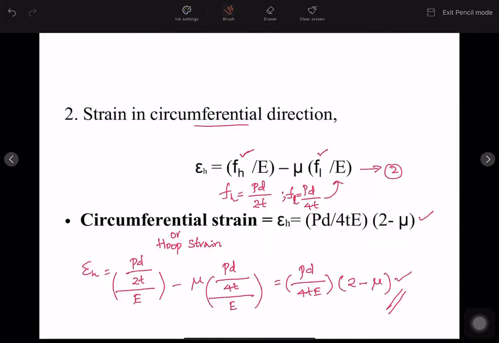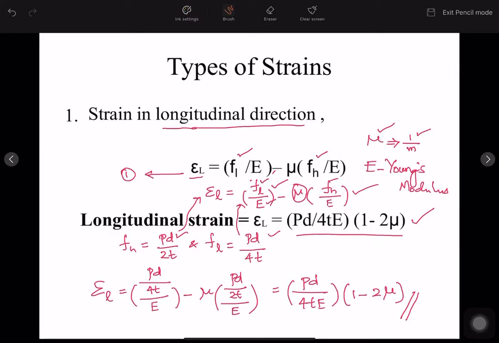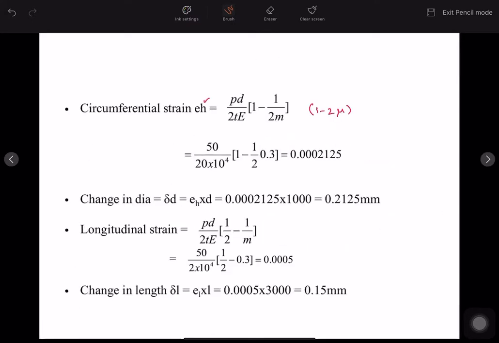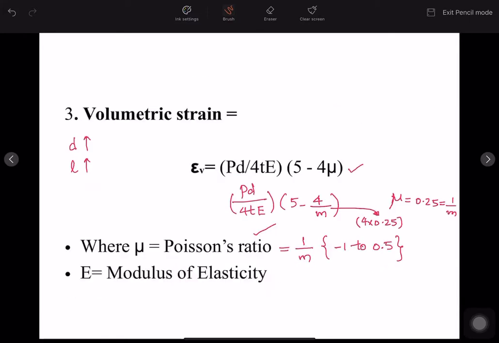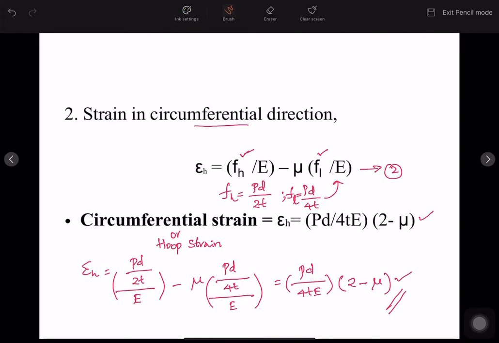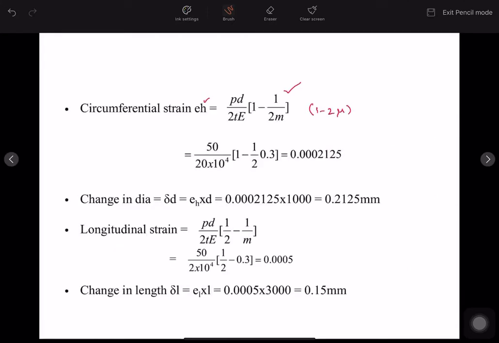So don't get confused. The equation can be written in this form, or after taking the LCM we can write it in this form also. Both are the same.